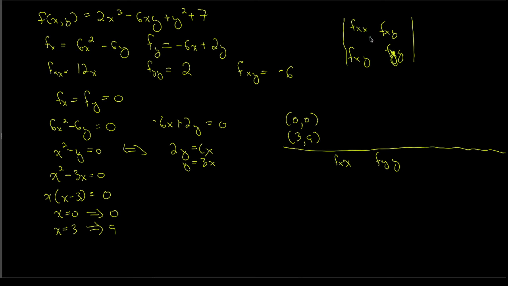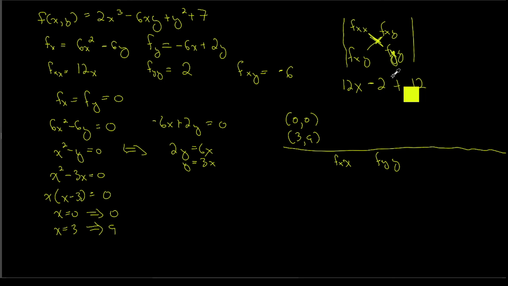And so we calculate the determinant by multiplying here and subtracting here. And so this determinant for the Hessian is going to be 12x times 2 plus, multiplying back up this way, f of xy is negative 6 times negative 6.